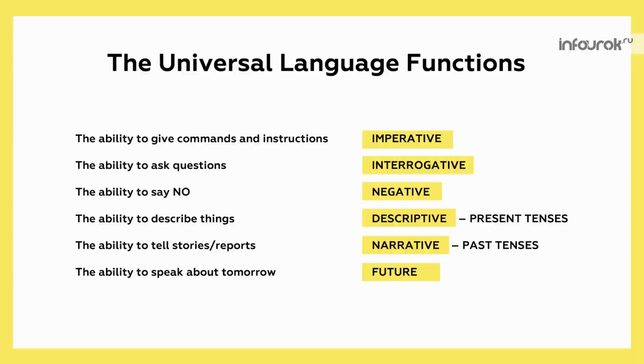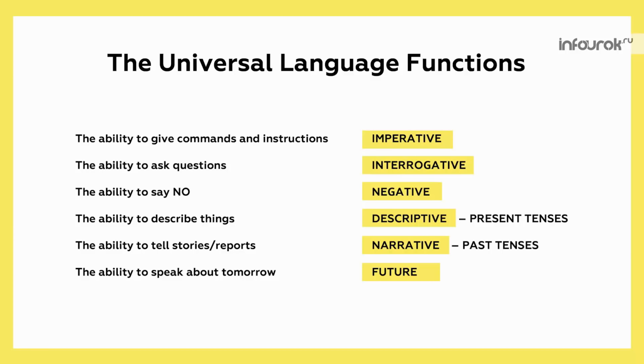Then there is a very important function, which is the ability to say no. And this is called the negative function. As you know, in language, there are many, many ways to say no, and we have to learn how to use this function very effectively. Then there is the ability to describe things.